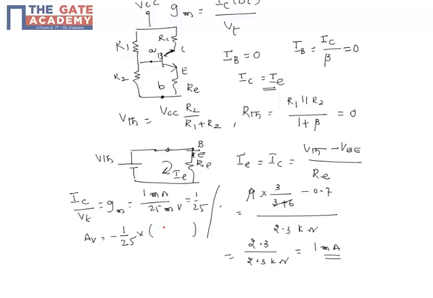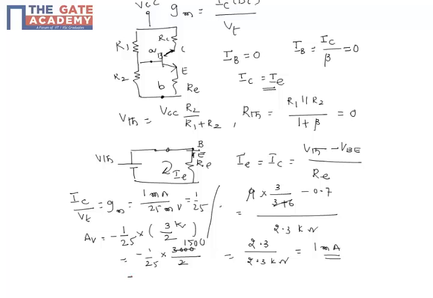RC is here 3 kilo ohm and the load resistance is also 3 kilo ohm. So 3 parallel 3 will become 3 by 2 kilo ohms. This is nothing but minus 1 by 25 into 3000 by 2, which is 1500 by 25.